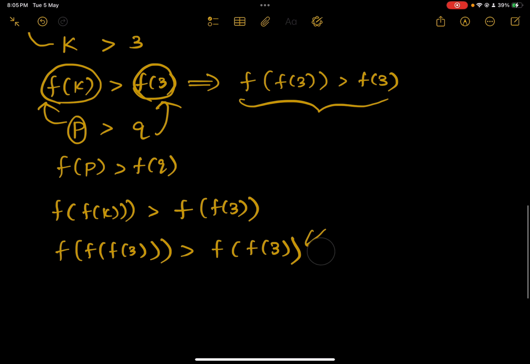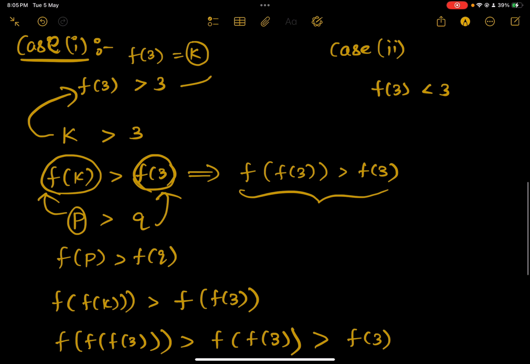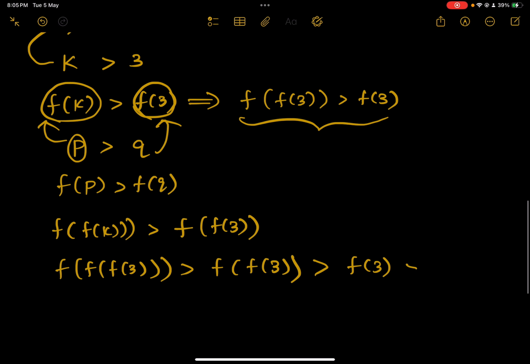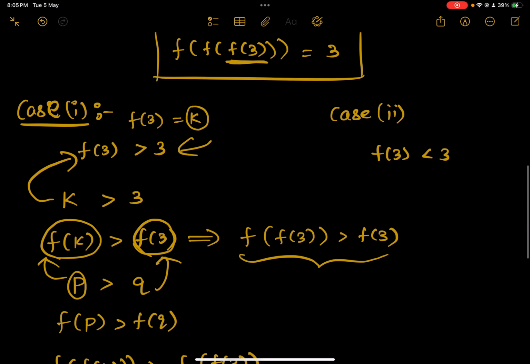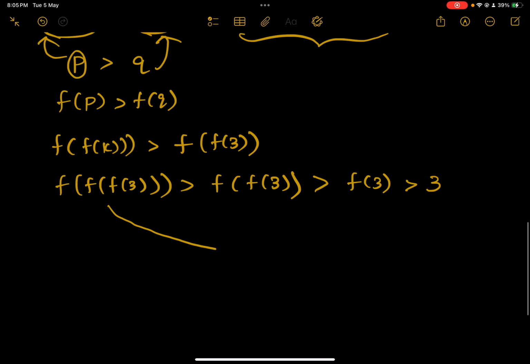So here we got f of 3 is greater than f of 3. And from this initial result, we assume that f of 3 is greater than 3. If we assume f of 3 is greater than 3, we get f of 3 is greater than 3.